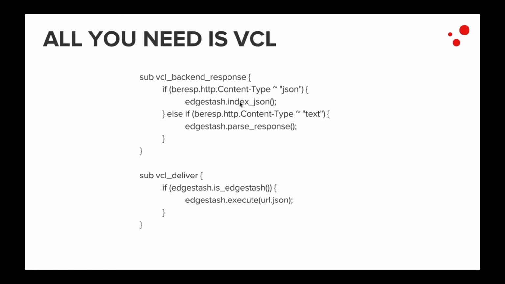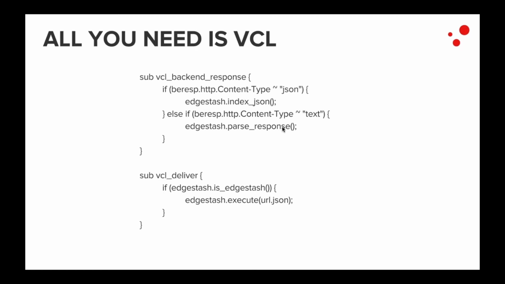That's not mandatory, but we usually suggest to use this subroutine. Otherwise, if the content type is text, we want to parse the response. Why do we want to parse the response? Simply because Varnish needs to understand what's in there, and it needs to make sure that the response actually makes sense, and whether there are other moving pieces in that response or not.